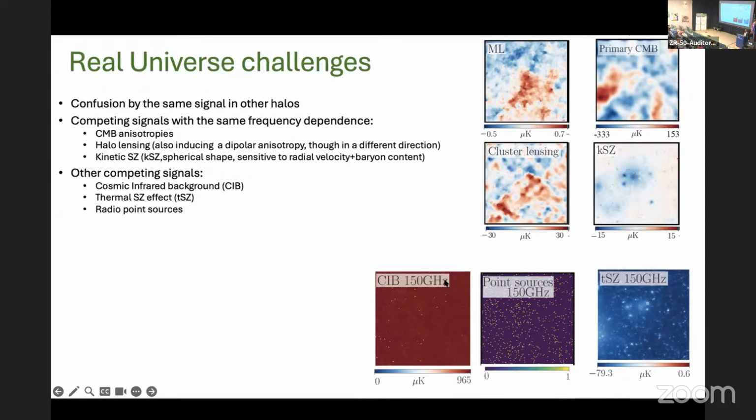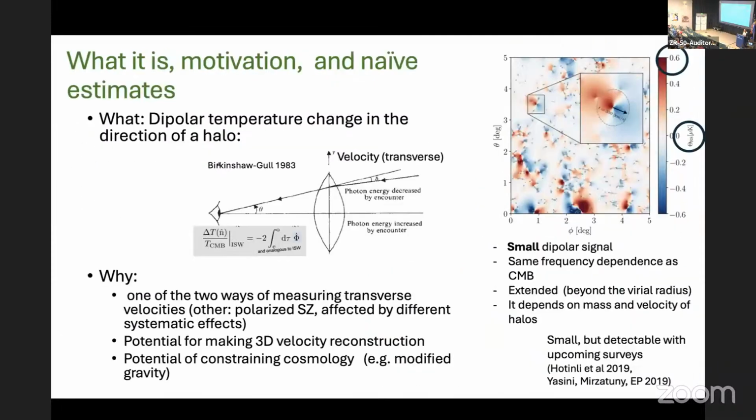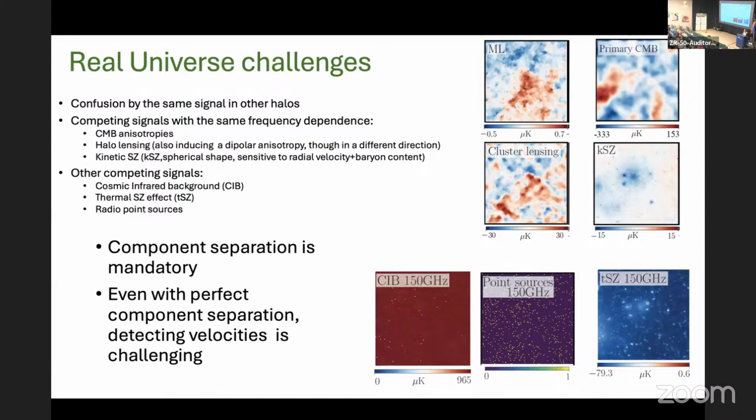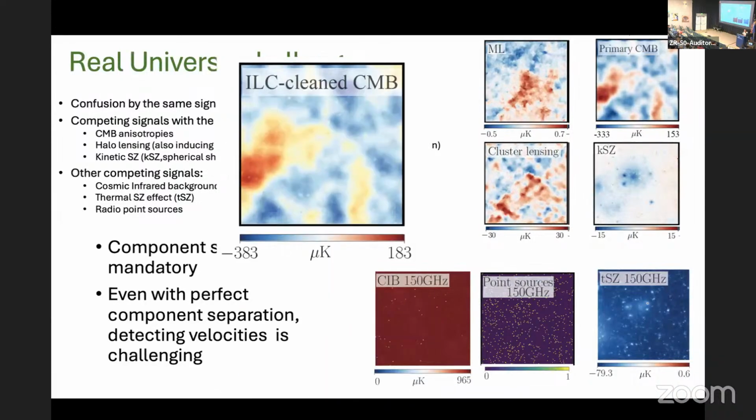But then on top of that, you also have some other astrophysical emitters that are in your way. So you definitely need to do what we call component separation. And then if you do that, this is your clean map, so to speak. You still see all these points over here that are probably the KSZ and so on, and look at the overall amplitude of this map.